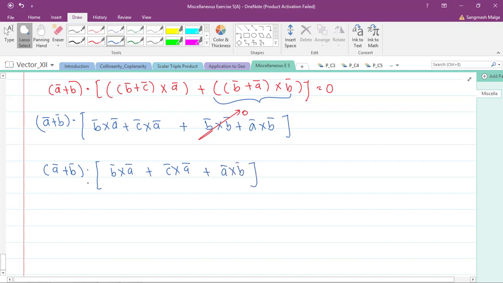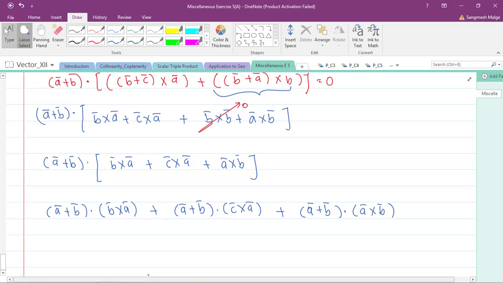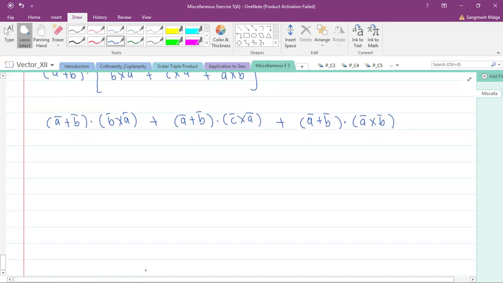Okay, now distribute the dot again. So (a bar plus b bar) dot b bar cross a bar, plus (a bar plus b bar) dot c bar cross a bar, plus (a bar plus b bar) dot a bar cross b bar.